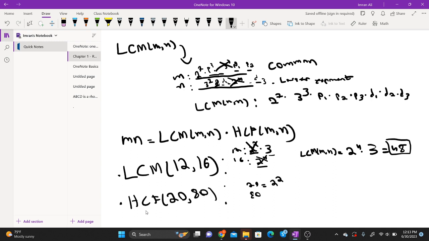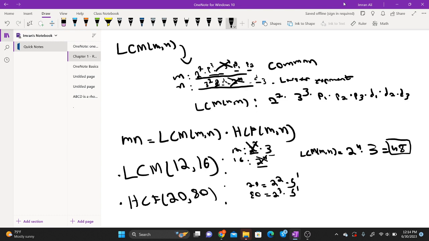20 is 2 squared times 5. 80 is 2 cubed times 5. So in the HCF, we don't care about anything that isn't common, right? So if we have 2 squared and then 2 cubed, we look at the one that's smaller, right?